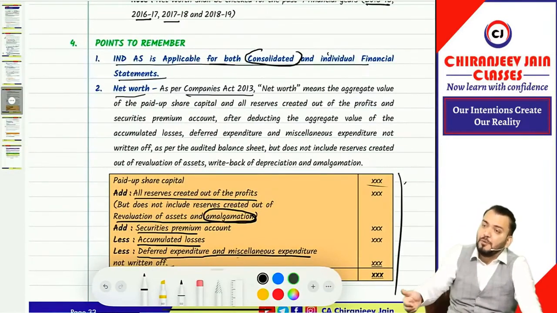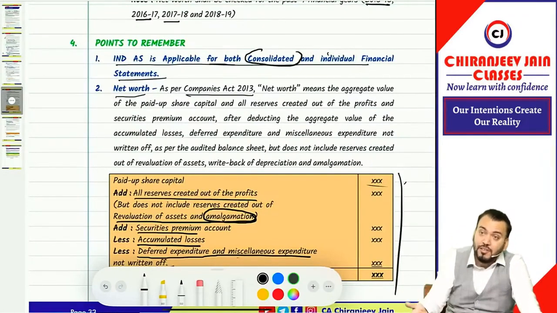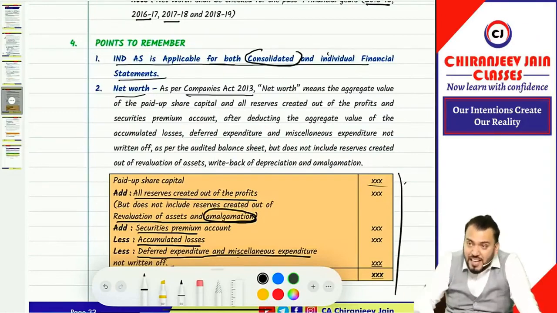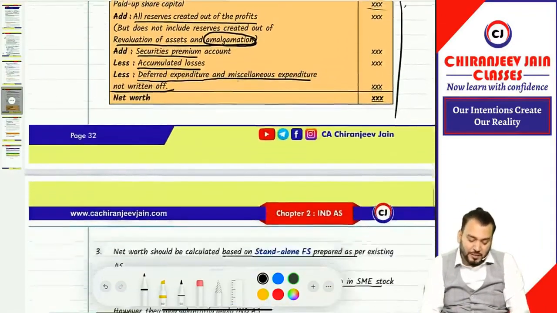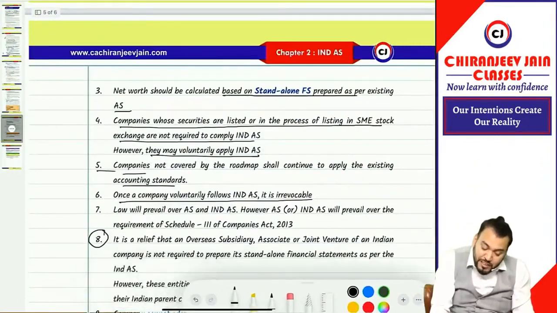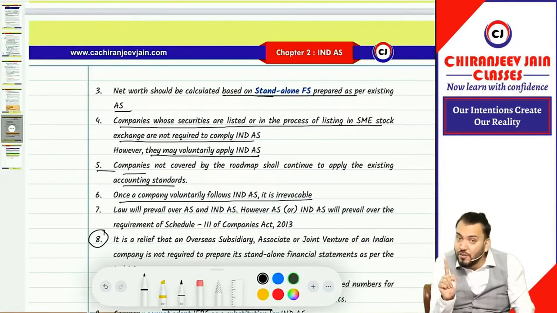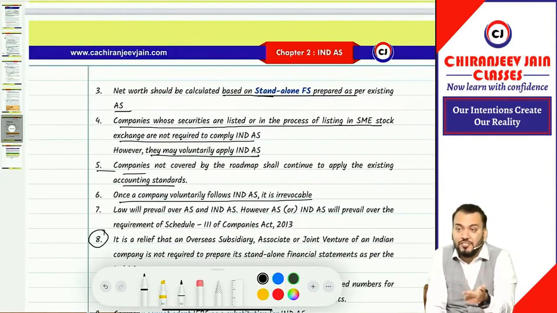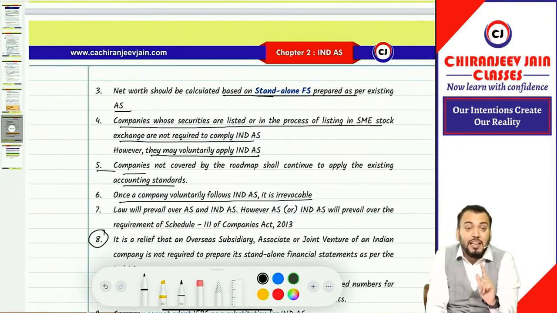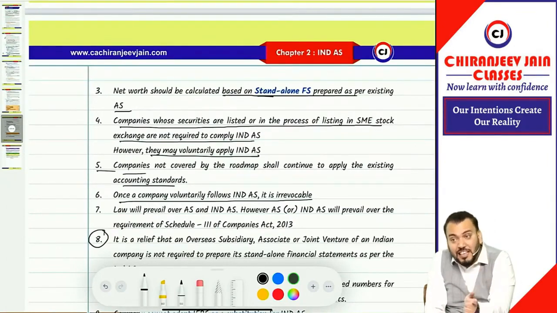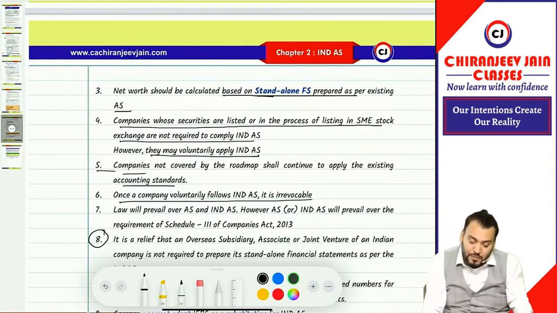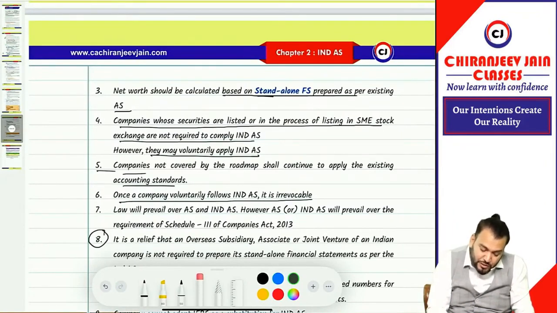Net worth should be calculated based on standalone, not consolidated, because it is applicable entity wise, not group wise. So you need to calculate net worth based on the standalone financial statement of each entity. Have you understood? Correct.